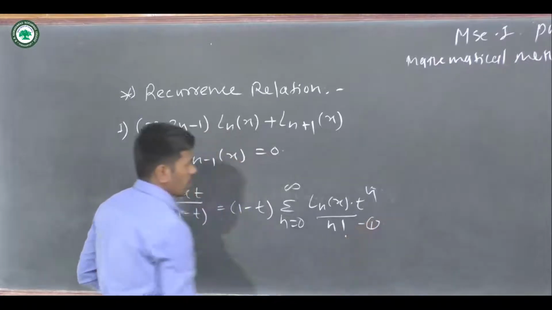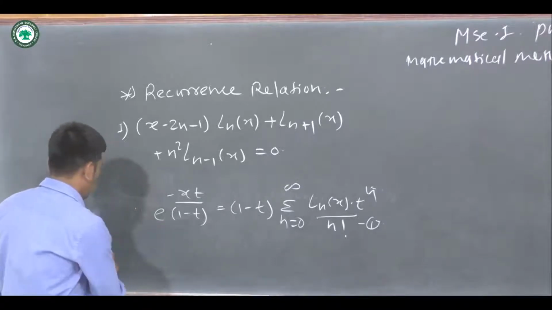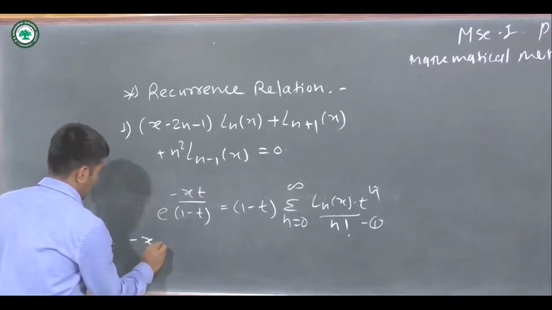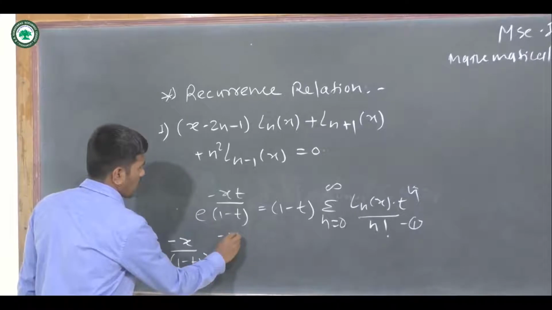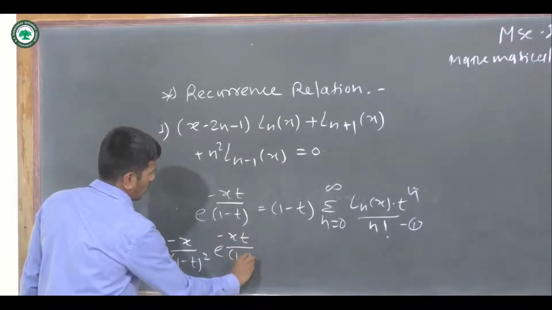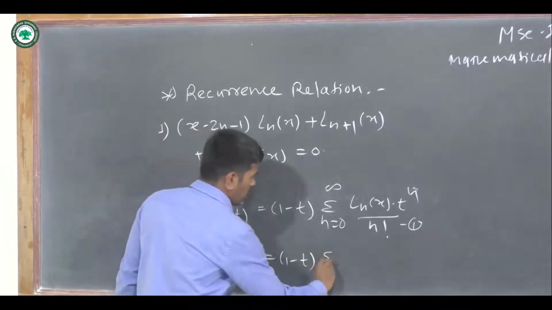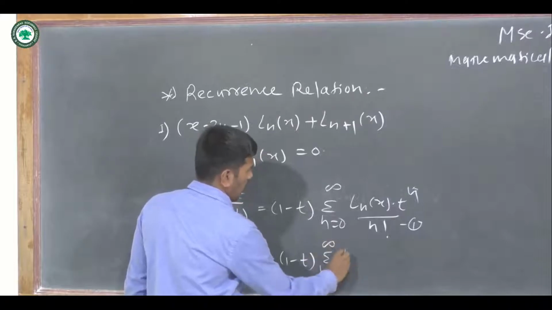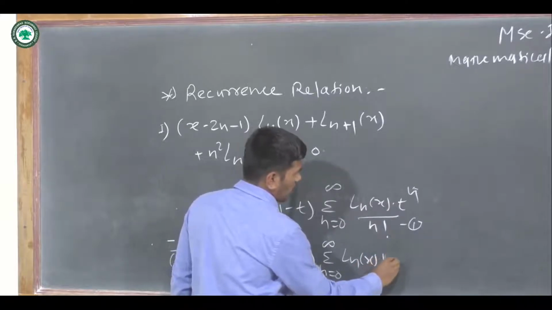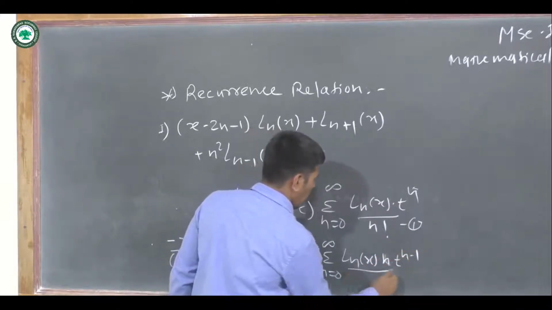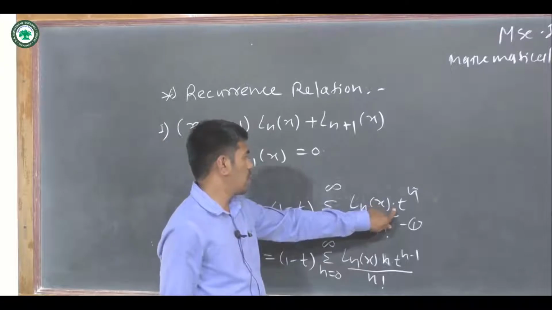Now if I differentiate this equation with respect to t, then we get −x divided by (1−t)² times e^(−xt/(1−t)) is equal to (1−t) times the summation over n from 0 to infinity of Ln(x) n t^(n−1) divided by n factorial, and here is a minus, so t into t^n.